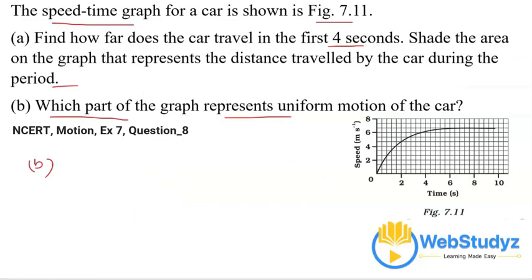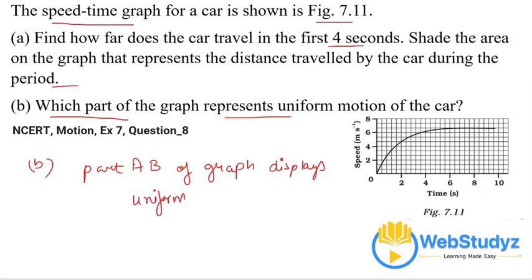So basically, part AB of graph displays uniform speed.